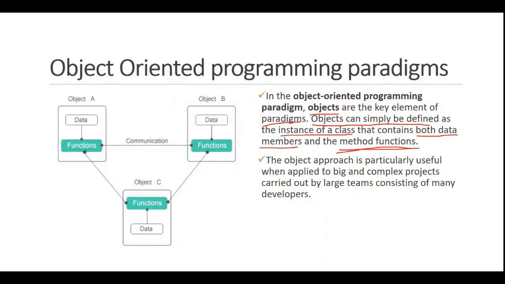The object approach is particularly useful when applied to big and complex projects carried out by large teams consisting of many developers. Here you can see we first create a class, and then we create our objects from the class. Each object will be an instance of a class.